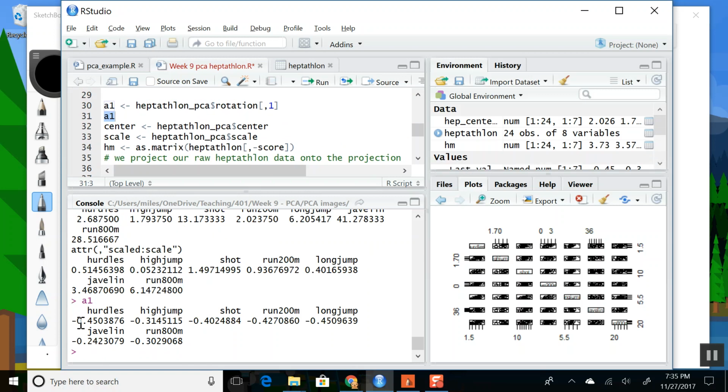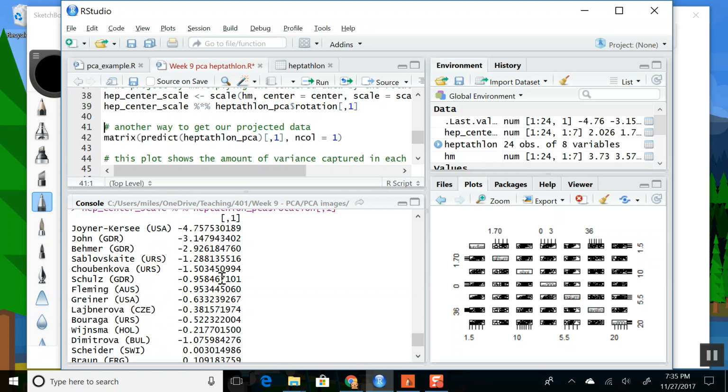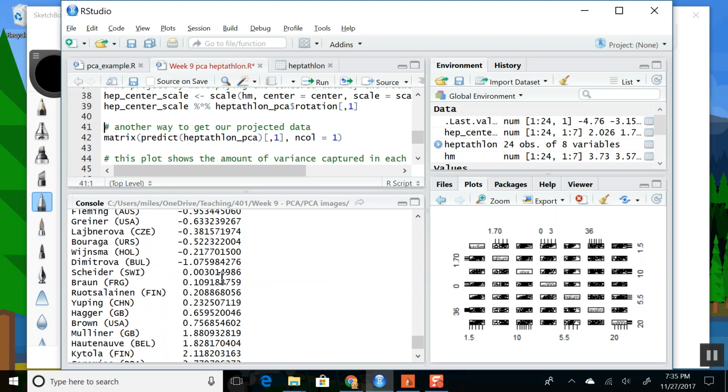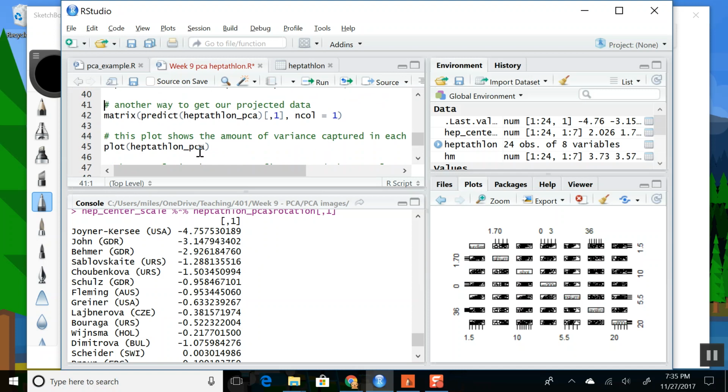This is how much we should weight each of these 7 variables. When I multiply that, this is the result. Each person had 7 scores from their 7 different events, and it gets boiled down to just 1. This is their scoring.